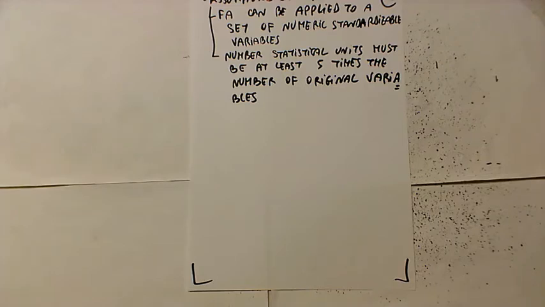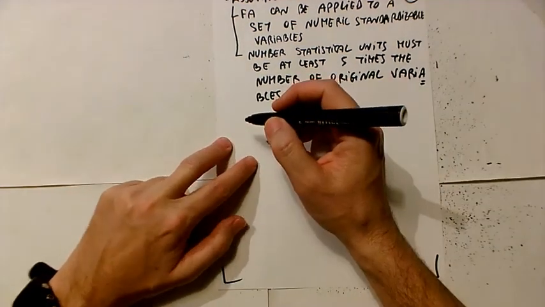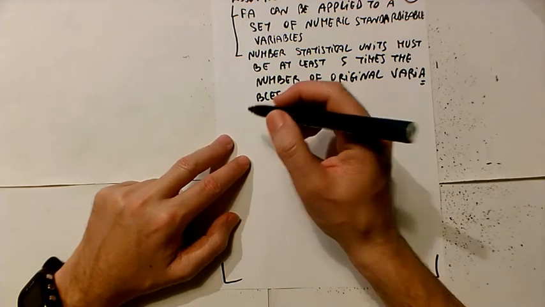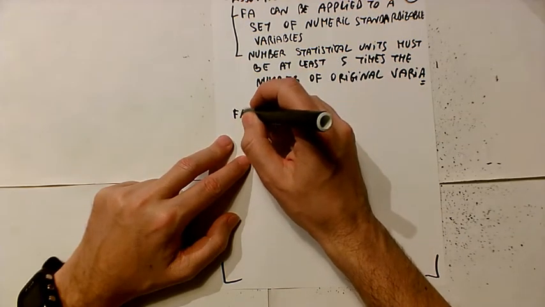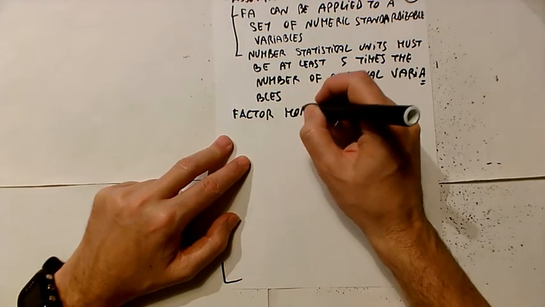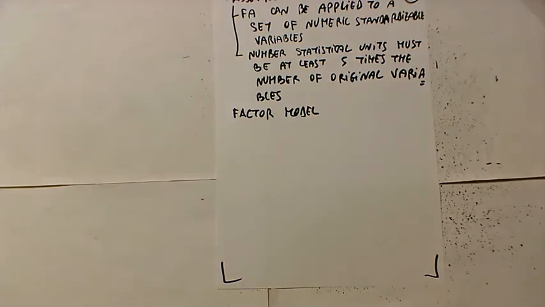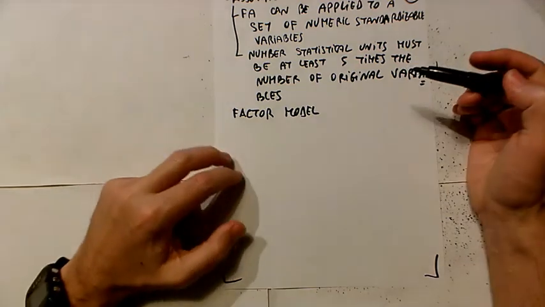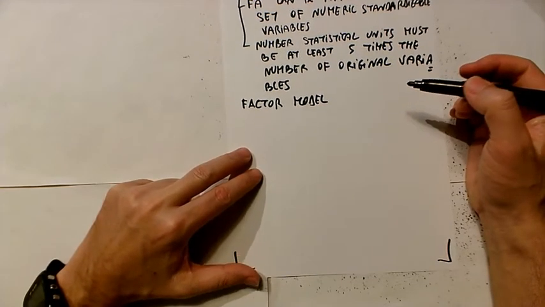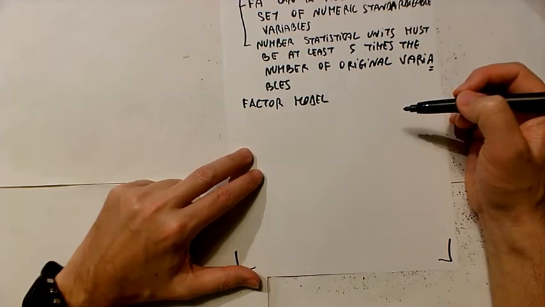Now the starting point of factor analysis is the so-called factor model. The factor model is the starting point of this technique, and it is connected with one of the properties mentioned above, the fact that the original variables are linear combinations of factors, but also with other properties like the uncorrelation between variables.